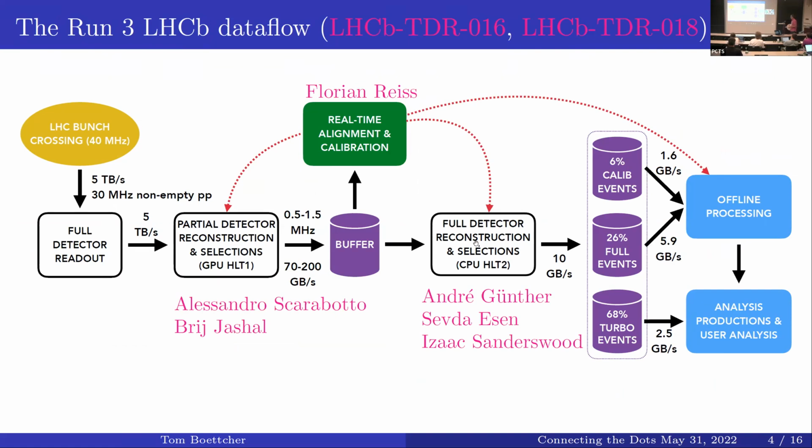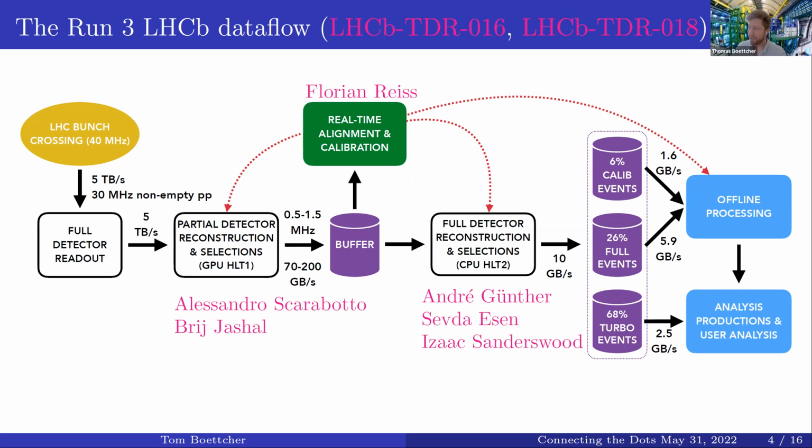So this second stage does a full detector reconstruction with things like particle ID, so information from the ring imaging Cherenkov detectors, the HCAL, things that we don't have time to do online, at least yet.